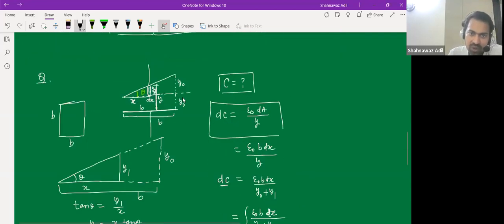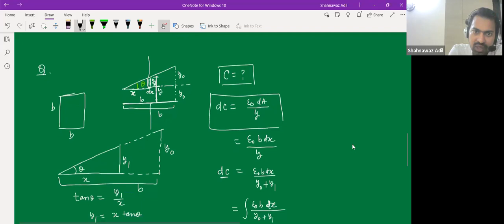X is going from what to what? 0 to b, right?